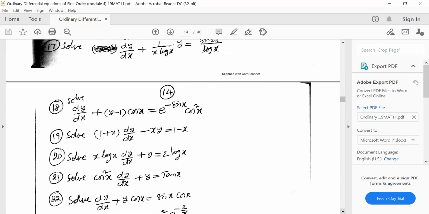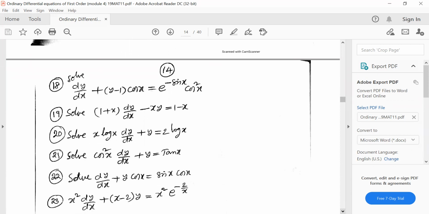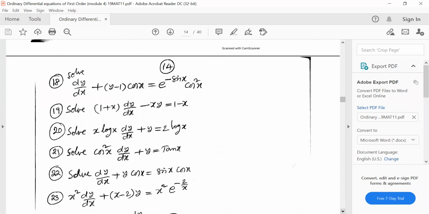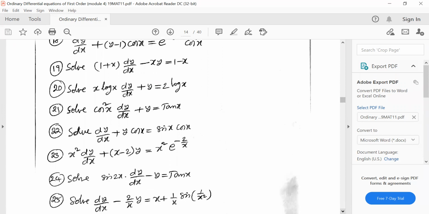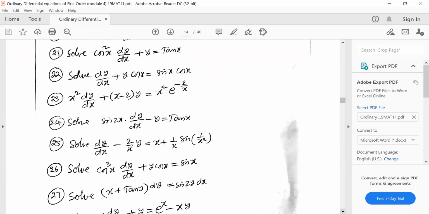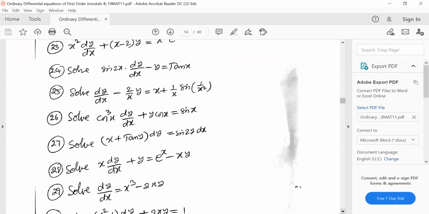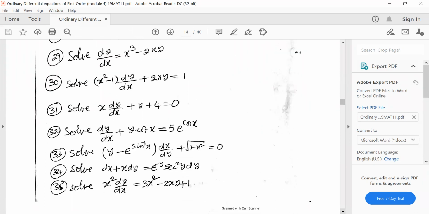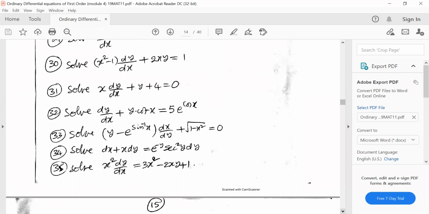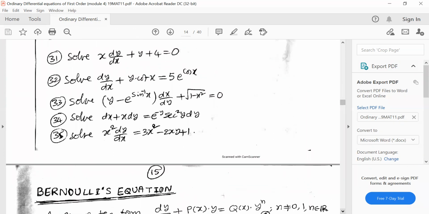But finally definitely there will be a solution with any one of the methods, or sometimes all the methods will give the solution. So definitely every DE will be solved by any of the methods. So like this, many problems are selected and listed here. So you can go through them, you can practice. So these are the problems.